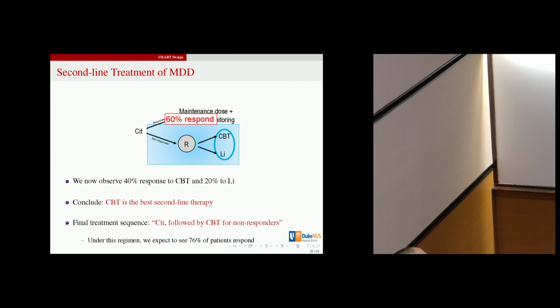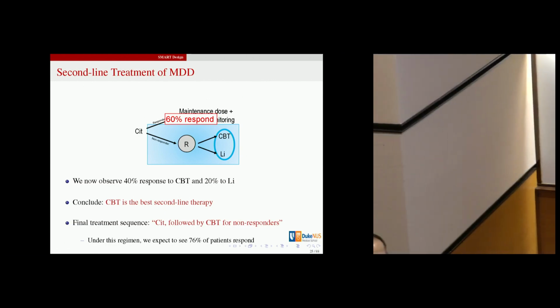So here we know the 60% response that we already saw in the previous slide. Now suppose we observe 40% response to CBT and 20% to lithium among the non-responders of citalopram, right? So from that data we conclude that CBT is the best second-line therapy, right?